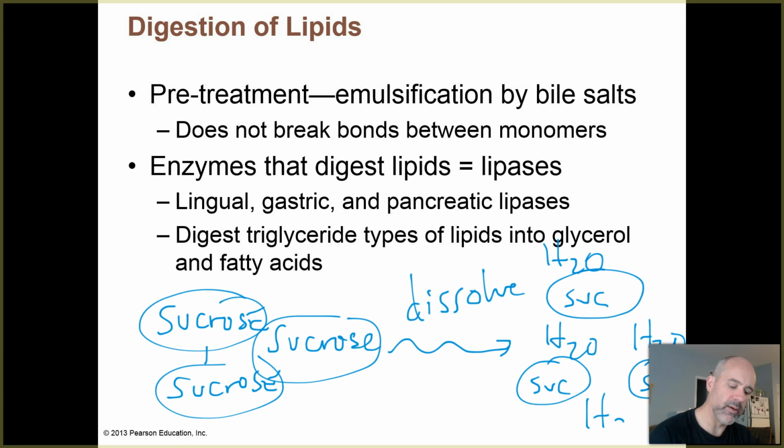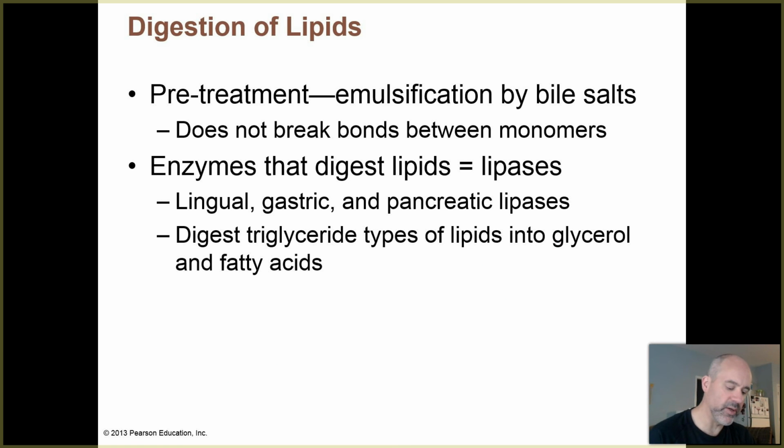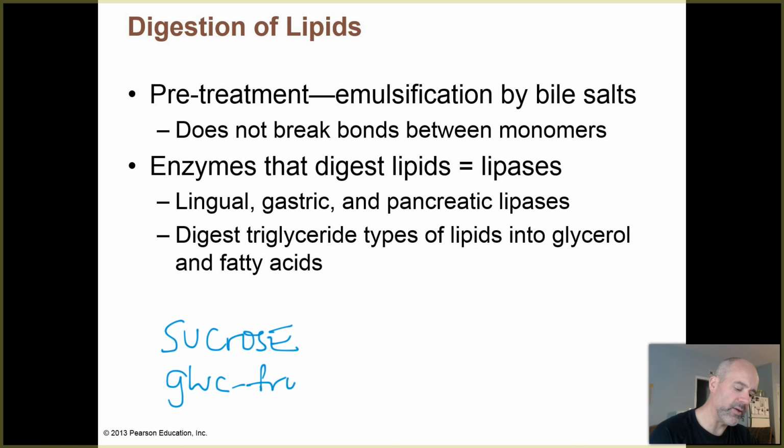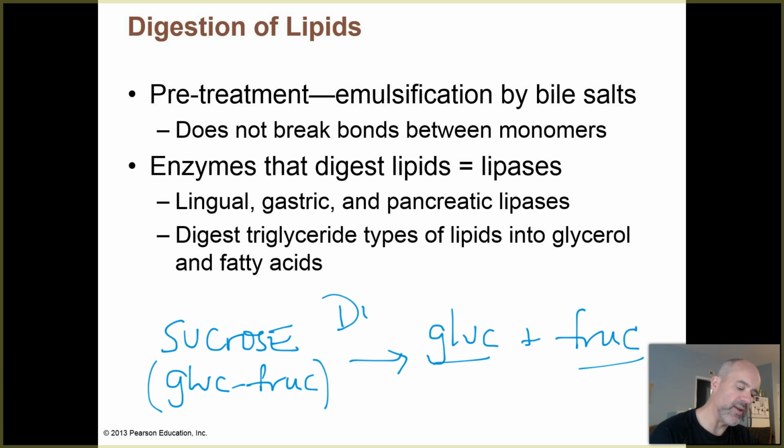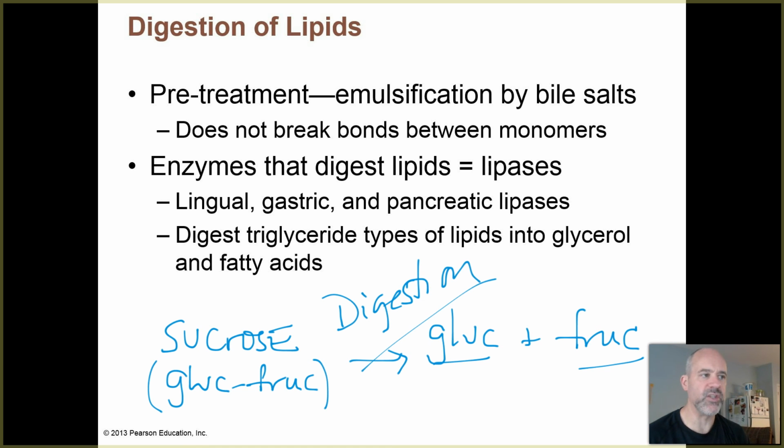That's what dissolving means. That does not mean the sucroses have been broken apart or digested. Sucrose is a glucose and a fructose bonded together. When you break that apart into glucose plus fructose, you have digested the sucrose. So don't confuse digestion and dissolve. That does not mean the same thing.